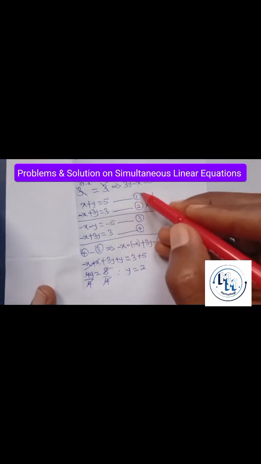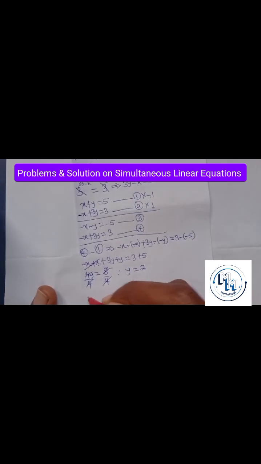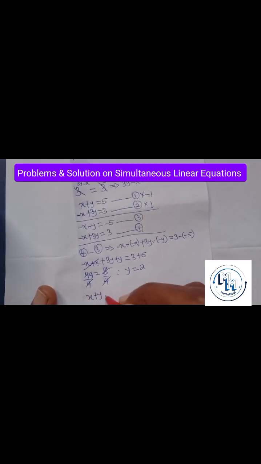Now let's find the value of x. Let me pick equation 1 here and get my x. It says x plus y equal to 5. Now this implies that x plus my y, which is 2, equal to 5. Then to get x, it becomes x is equal to 5, and this 2 moves to meet 5, becomes minus 2.